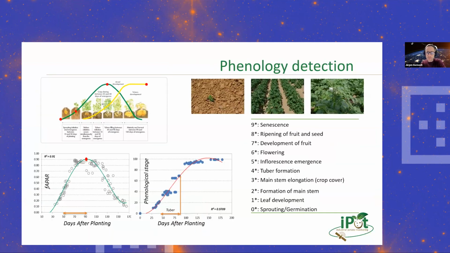So throughout the project, we started mapping the various phenomena of the phenology, starting from sprouting, germination up to senescence of the crops, and mapped that on the phenology curve that we derived from satellite imagery, and again used the FAPAR values for that.